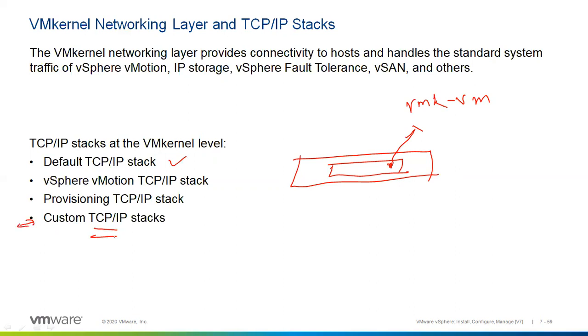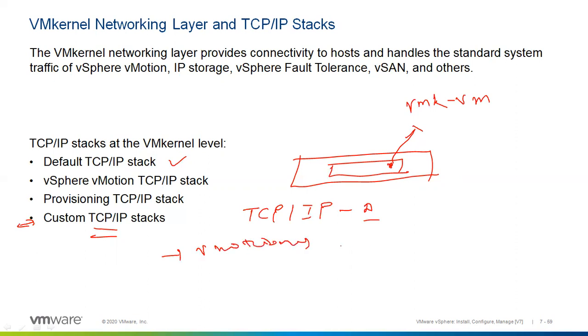What I mean by custom TCP/IP stack here is, probably you remember when we were creating the vMotion VMkernel port, there was an option for TCP/IP stack, and we chose default. But we can make a separate gateway and separate connectivity especially for vMotion traffic.